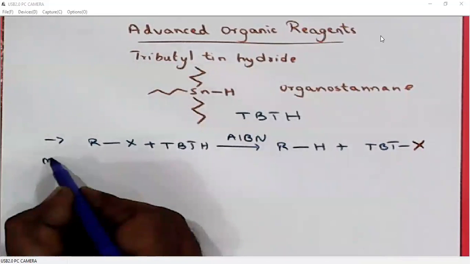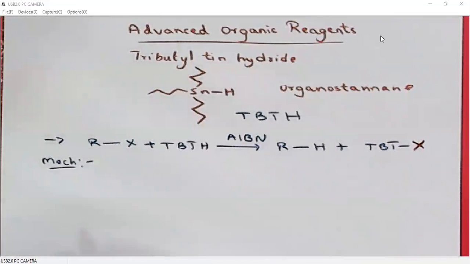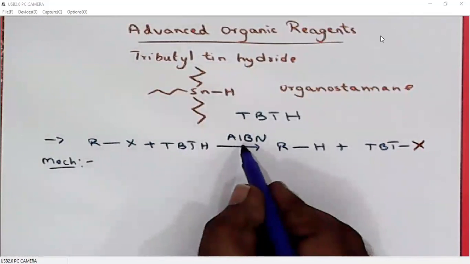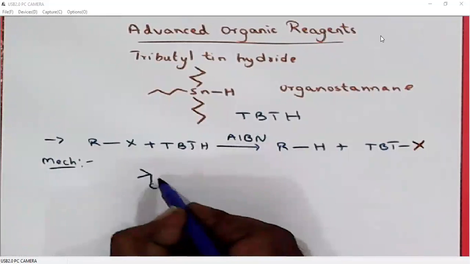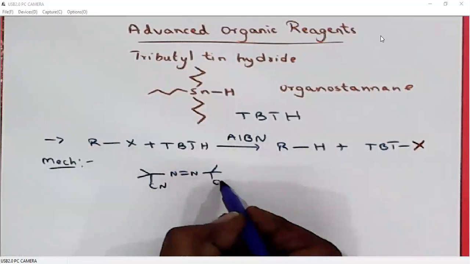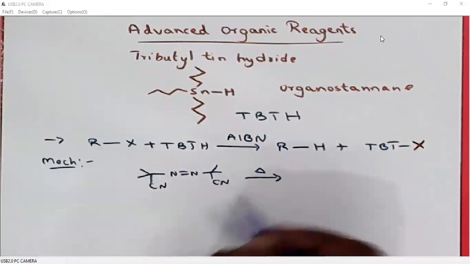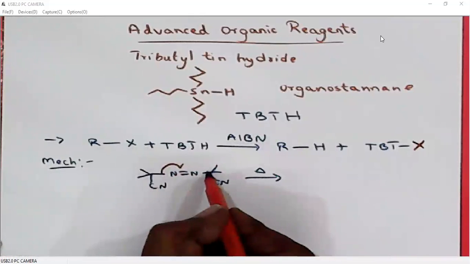We will look at the mechanism, how this reduction of alkyl halide occurs. In presence of a radical initiator, of course, we know AIBN, when it is heated or under photochemical conditions, it will generate a radical like this.